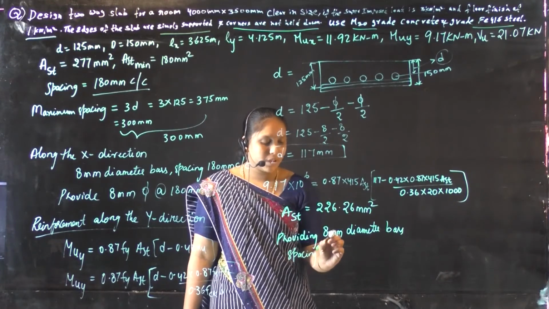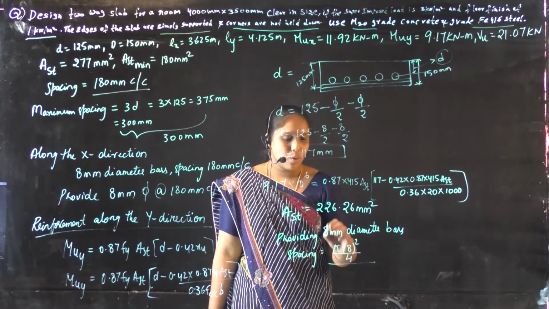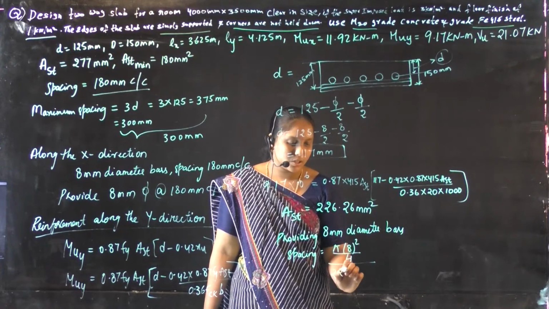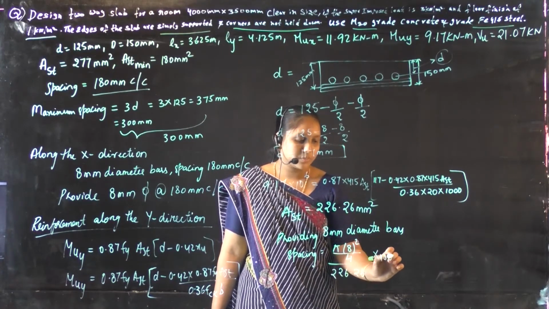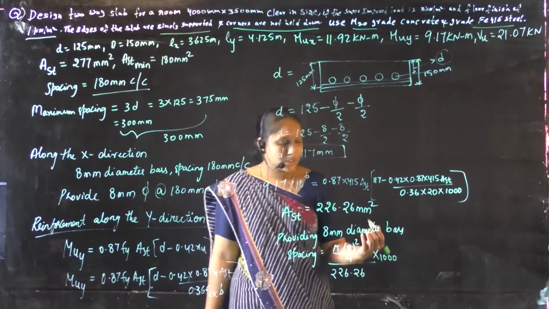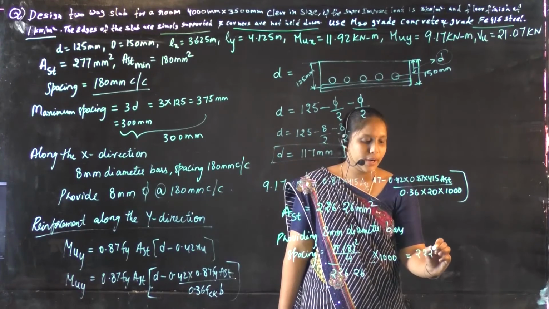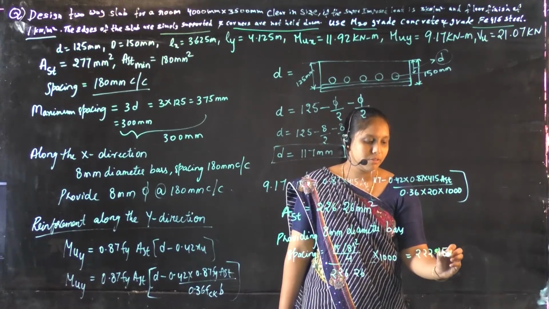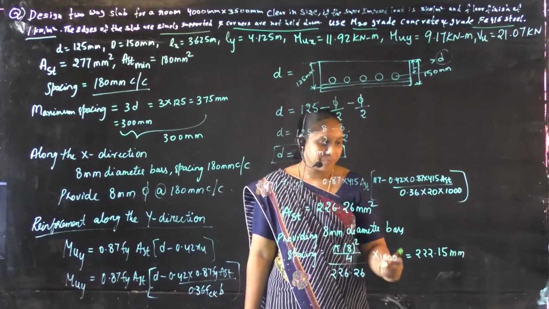So spacing will be small AST, that is pi into D square, D here is 8, whole square divided by 4, whole divided by the capital AST, it is 226.26 mm into 1000. So if you solve this, you will get a value of spacing as 222.15 mm. So this is the spacing what you are going to get.